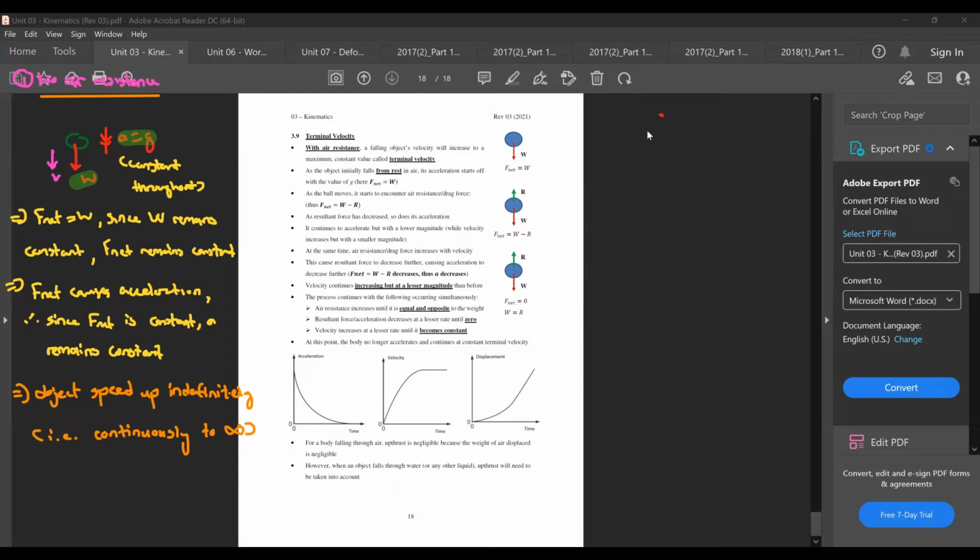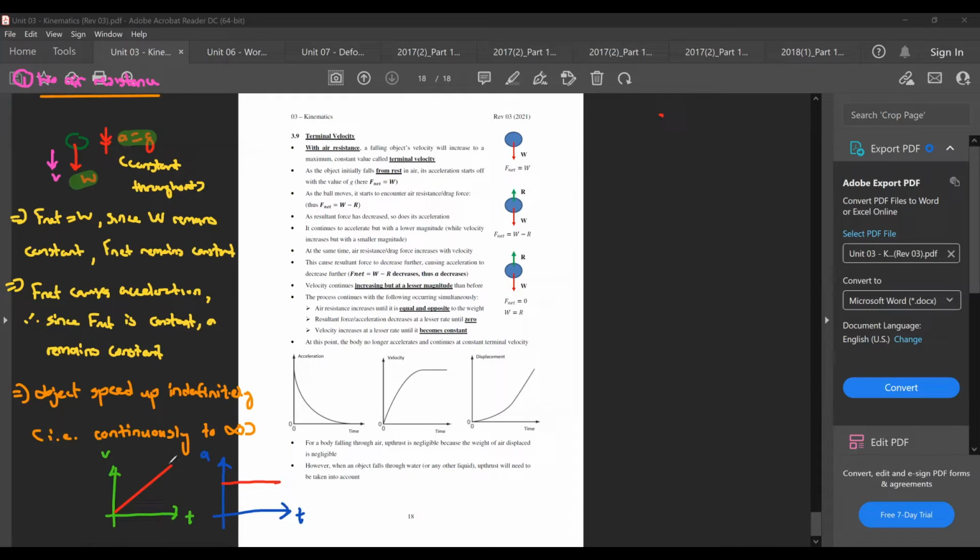So if I try to draw for you the velocity time graph of that object, it will actually look something like this. And if I try to draw for you the acceleration time graph of the same object, it will actually look like this.